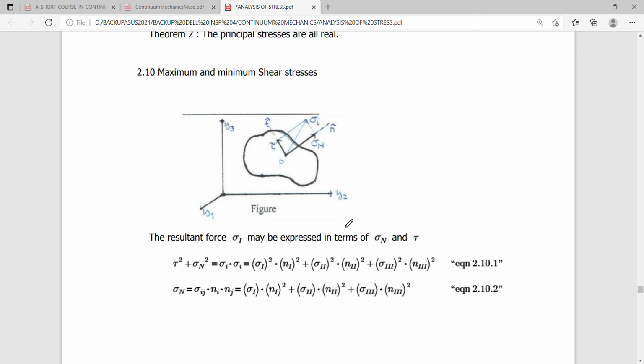The maximum and the minimum shear stresses are represented by the two-dimensional Mohr circle representation of a 3D physical state of stress.